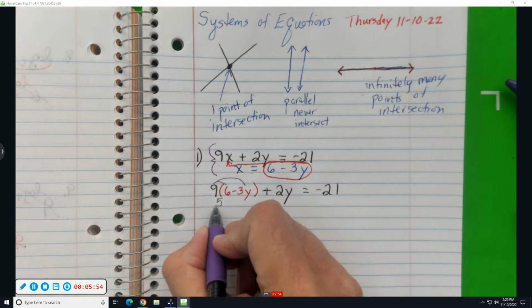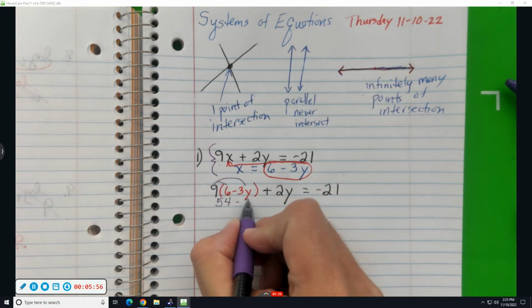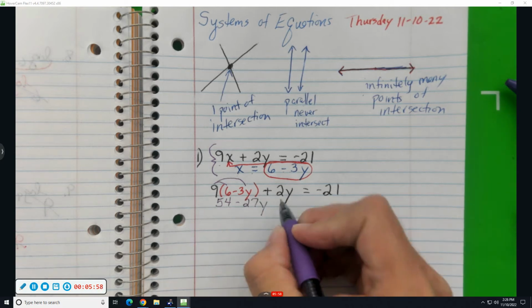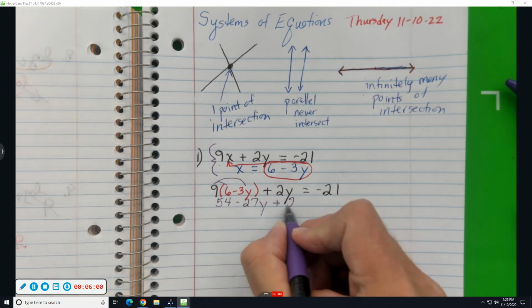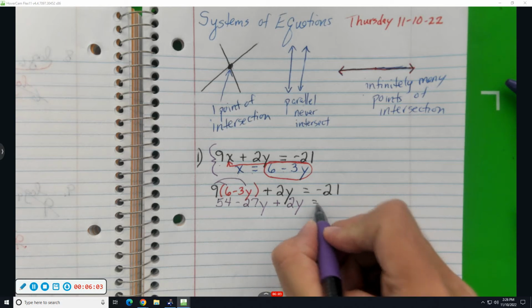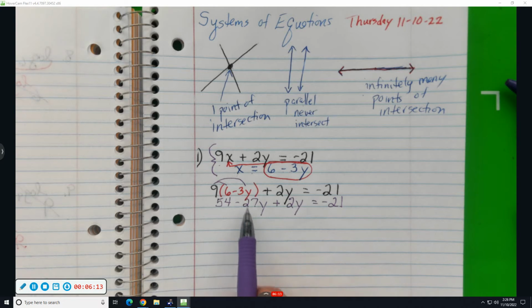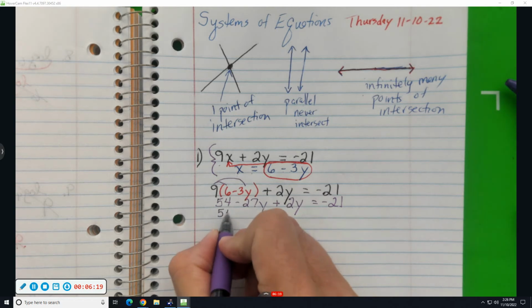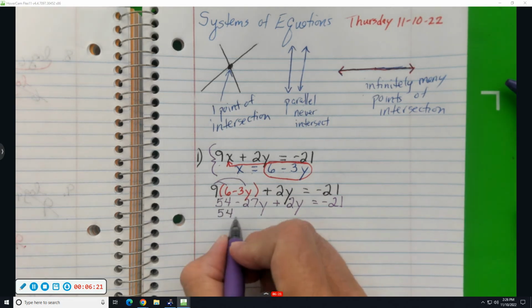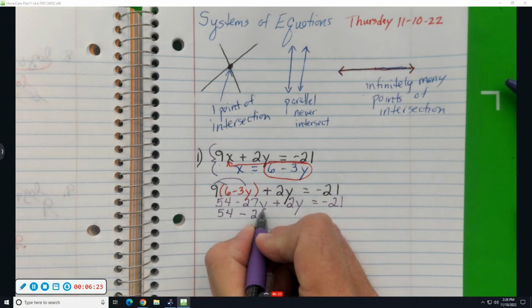So we have 54 minus 27y plus 2y equals negative 21. I think I would combine the y's, negative 27 plus 2. I'm going to write that as 54. And then negative 27 plus 2, is that a negative 25y?